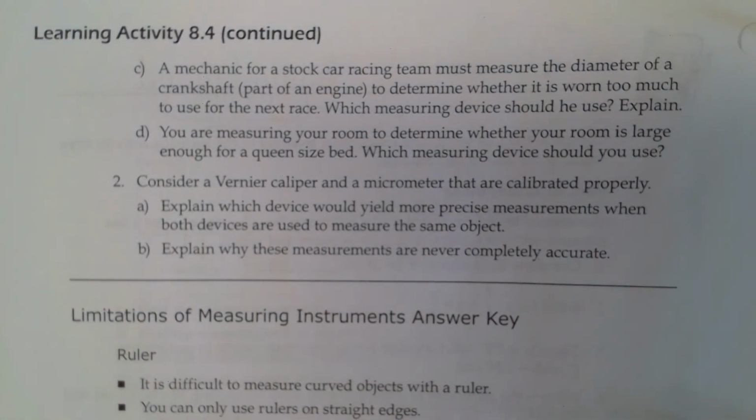Simple. A mechanic for a stock car racing team must ensure the diameter of a crankshaft, part of an engine, to determine whether it is worn too much to use for the next race. Which measuring device should he use? So he's measuring the diameter of a crankshaft around the outside. Well, that's pretty precise business.